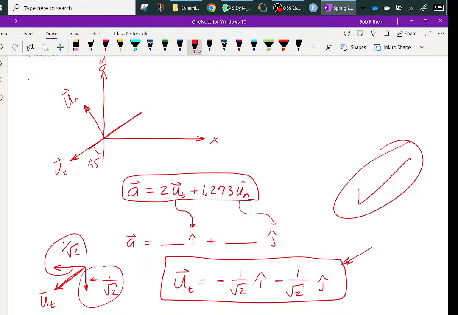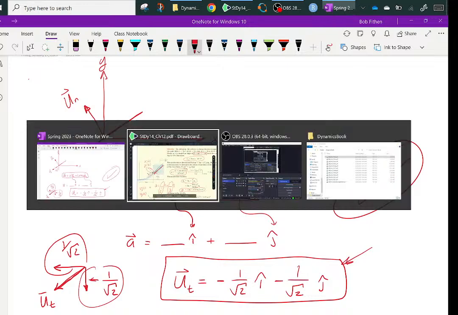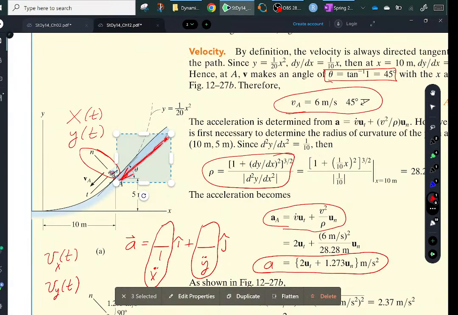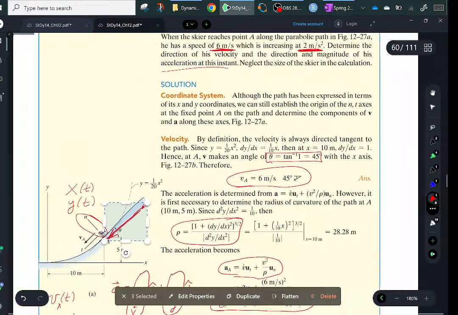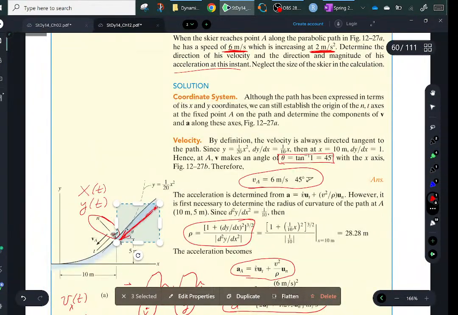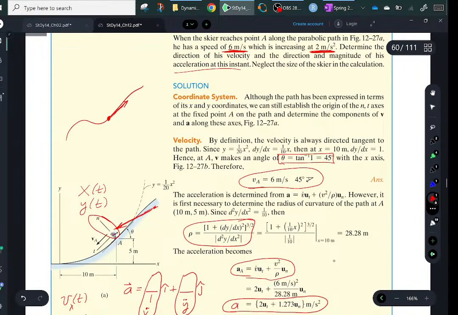Oh, that's simple. Okay. Hang on. Okay, so we know that. So if you're going along a path, then along the path, in the tangent direction, that's what the T is, the tangent. I'm trying to erase stuff.